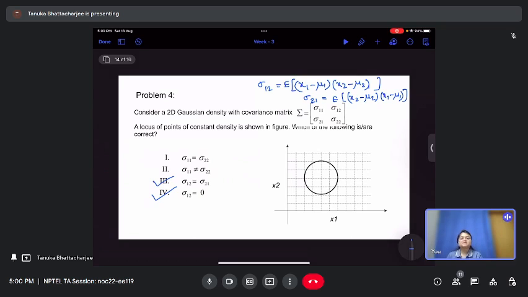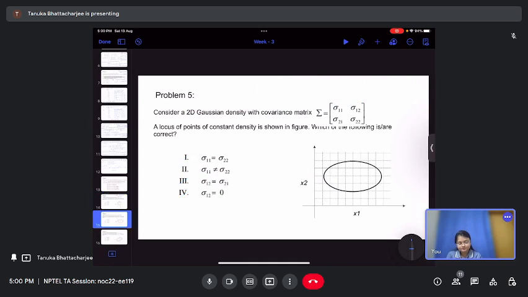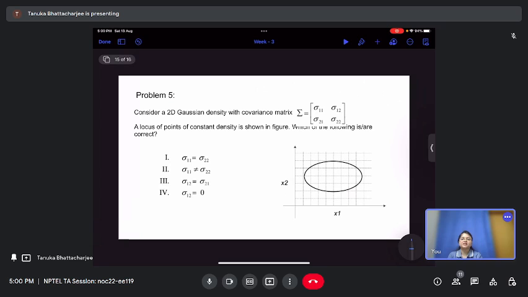Since this is a circle, the variance of both the features is equal. So sigma 1 1 and sigma 2 2, the variances of each feature, are also equal. This one is also true. Now if we have the ellipsoidal figure, again the major and minor axes are parallel to the two feature axes.